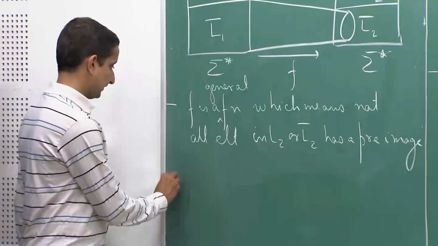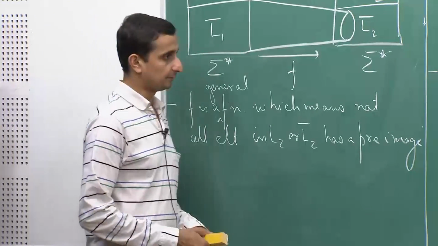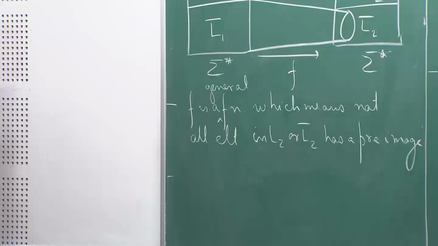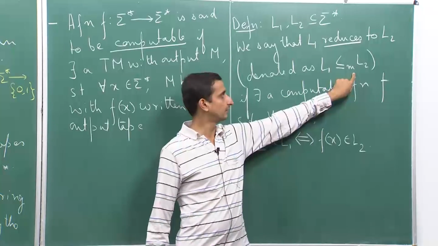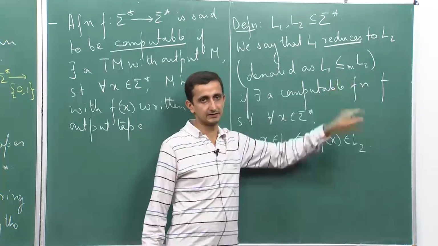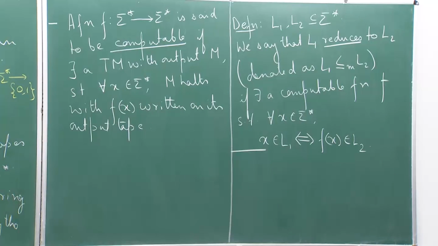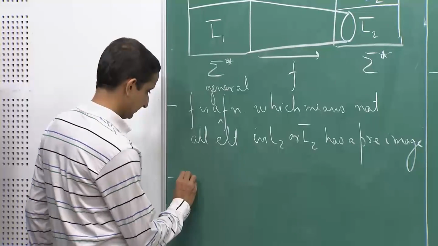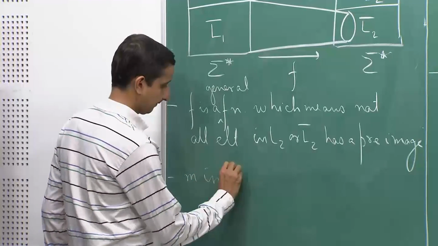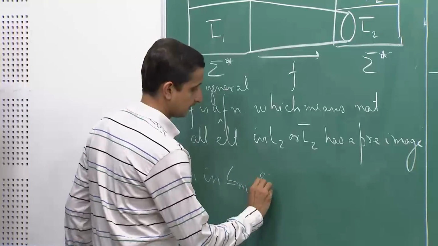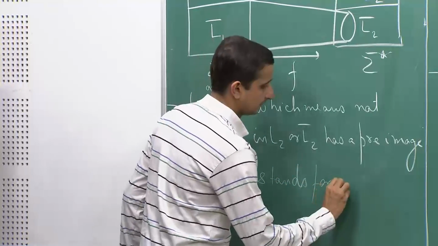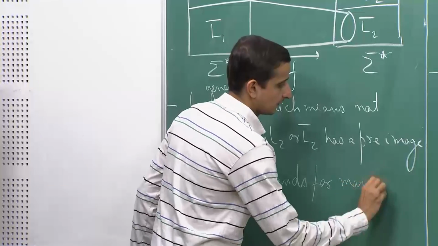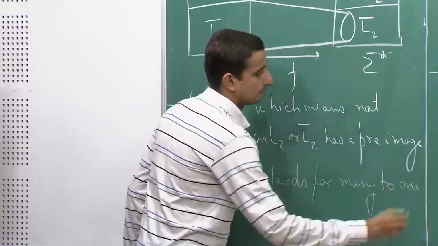Okay. And so now in our notation, we had this small m as a subscript for reduction. That m stands for many to one.